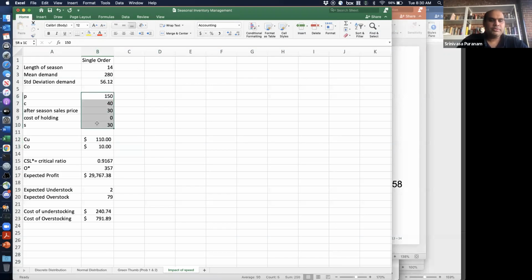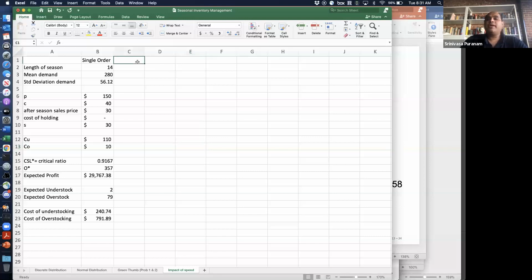So you expect to pay $240 of understocking cost and expect to pay $791 of overstocking cost approximately. So that's something, but this is a useful calculation here. That's why we are doing this.